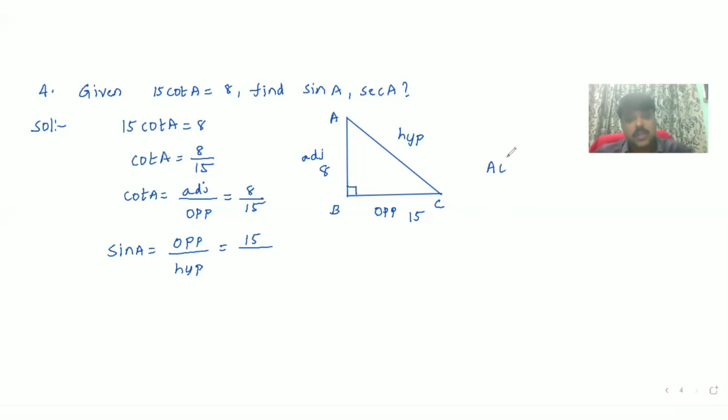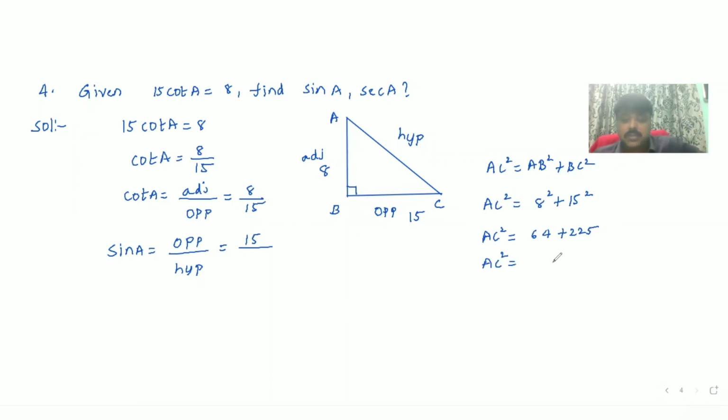Let us use the Pythagorean theorem. AC square equals AB square plus BC square. AC square equals 8 square plus 15 square, which is 64 plus 225.